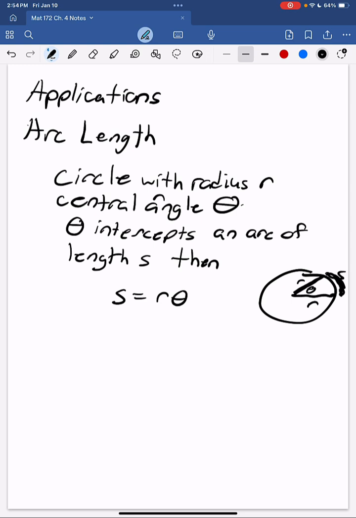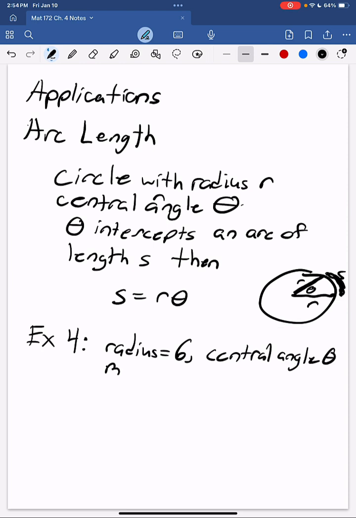For our last example here, I think it's example 4, let's say that we have a radius of 6 and the central angle theta measures 4 pi over 3 radians.